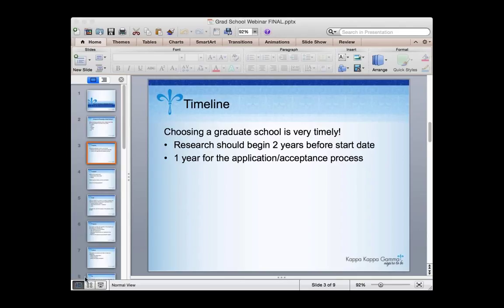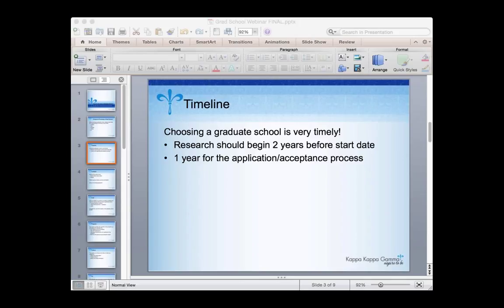We're still on the timeline. Can you see the sidebar now?